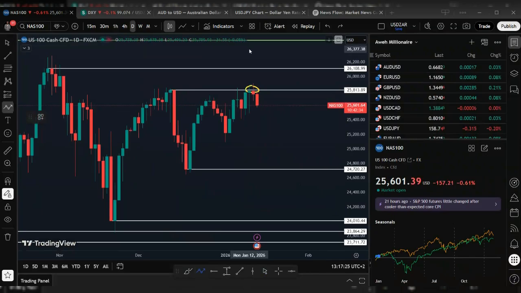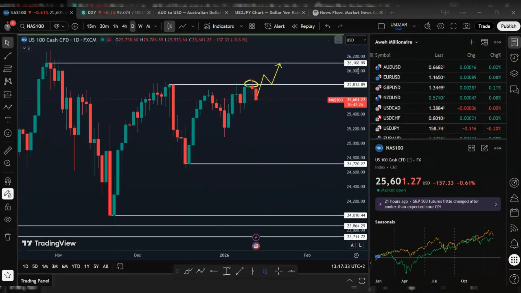But again, to look out for is if price does break above this level, then this will open up doors. A break and a close above this level will open up doors for price to come up and test our next resistance, which is at the 26,108 level. Now, as you know, today we do have a high impact news on the US dollar as well.